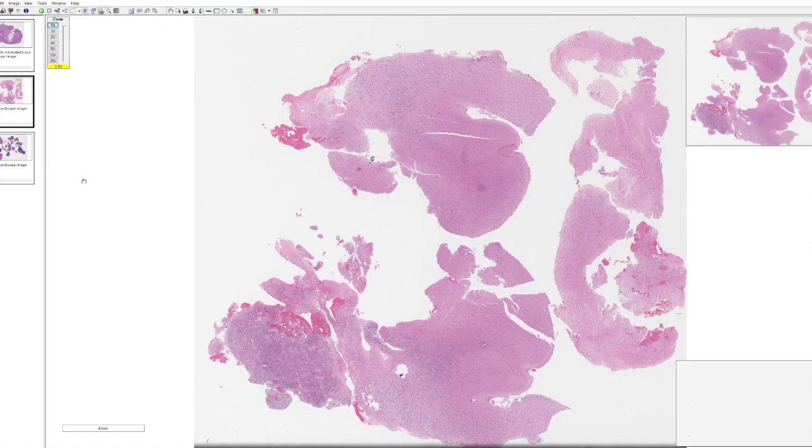So without further ado, let's head to the microscope and take a look at what a glioblastoma looks like at the cellular level. So here we are, looking at a H&E, or hematoxylin and eosin stained, section of a glioblastoma resected following surgery. We have multiple fragments of brain tissue here, and you can immediately see that there are different levels of pink hues and purple hues.